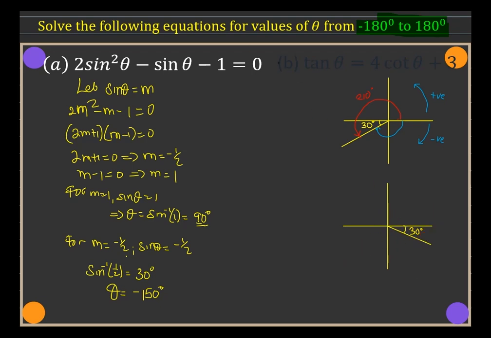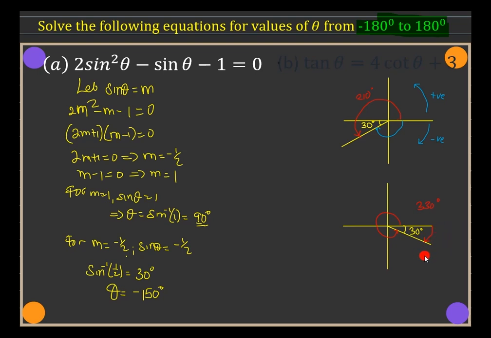But how do we get the angle? I can get that angle like this. And if I'm to get that angle, it's going to be 330 degrees, and it is far beyond the range. So instead of taking the positive angle in the clockwise direction, I am going to take the negative angle, this one, in the negative direction.